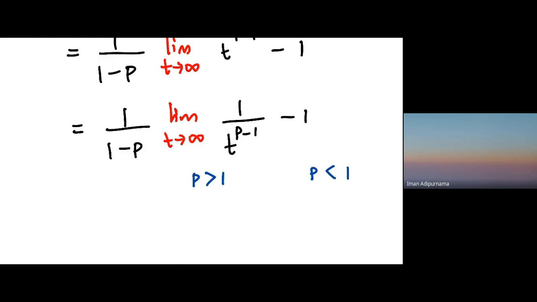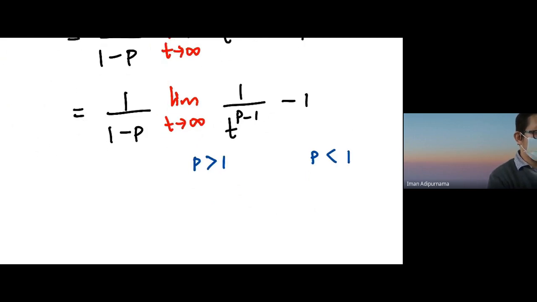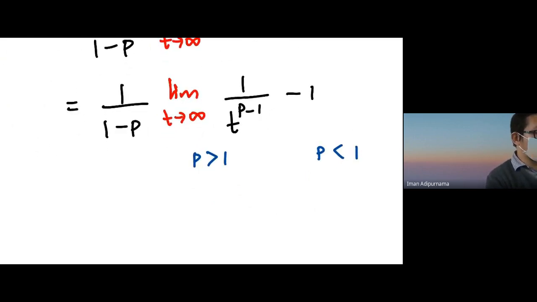If p is positive and greater than 1, we will have a convergent value, let's say 2, for example. That will be a convergence value.